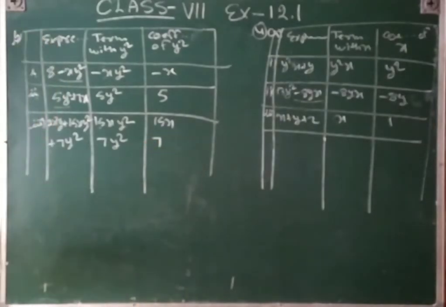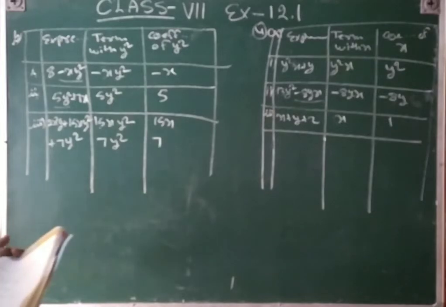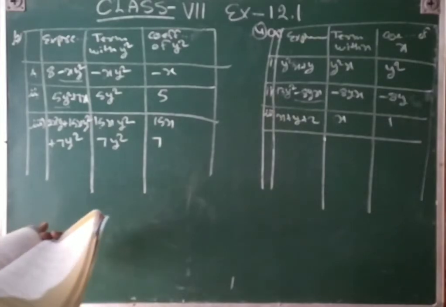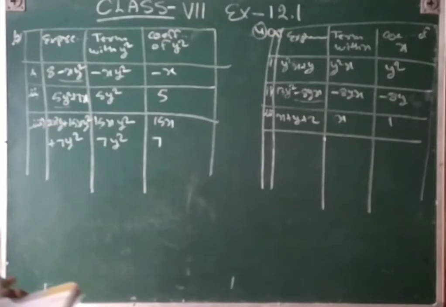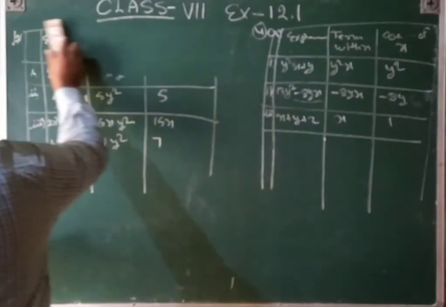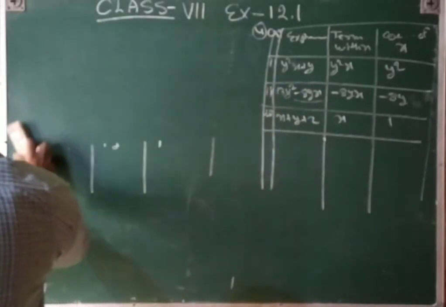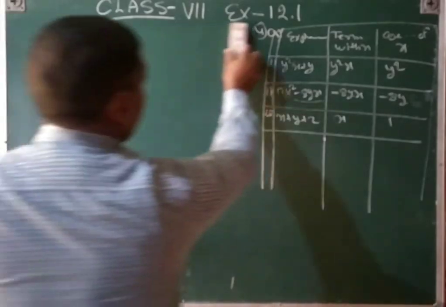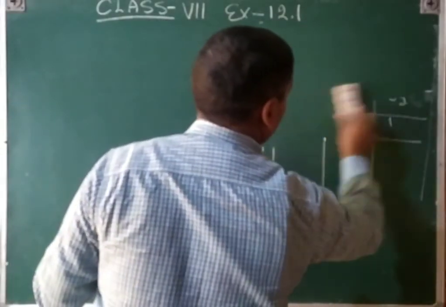Okay. Now question number 5. Classify into monomial, binomial and trinomial. See that if you are looking at one sign, plus or minus, that is a monomial.